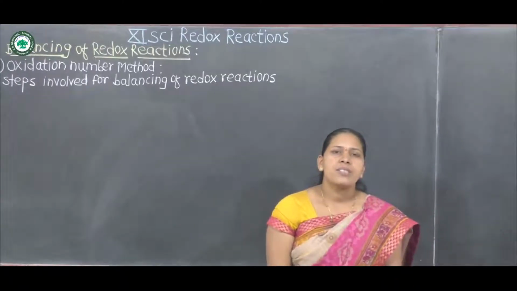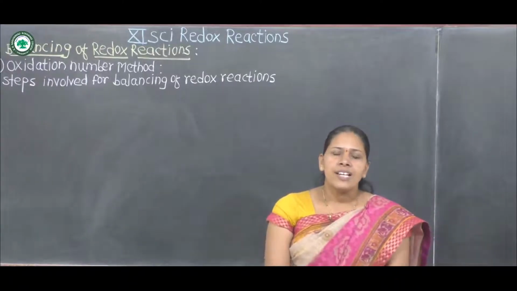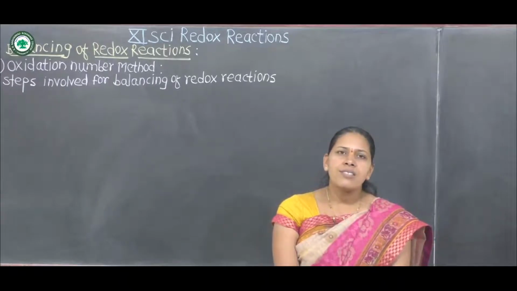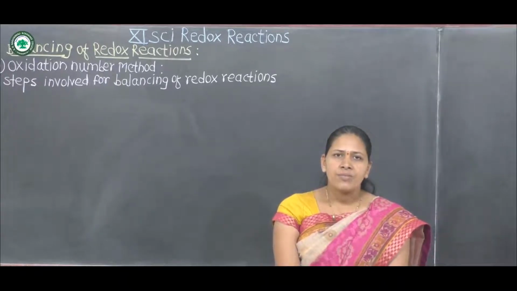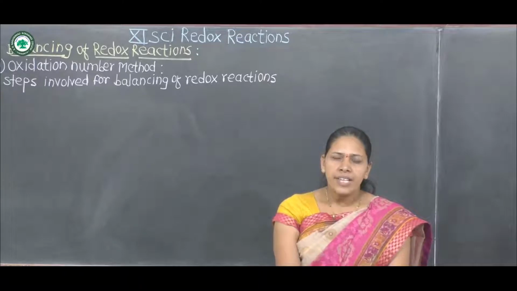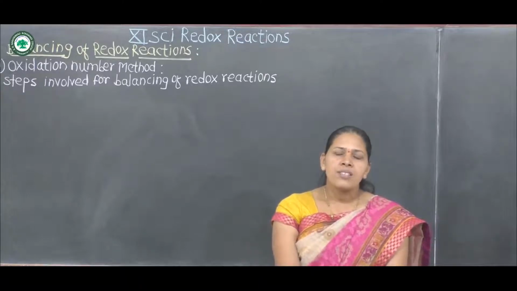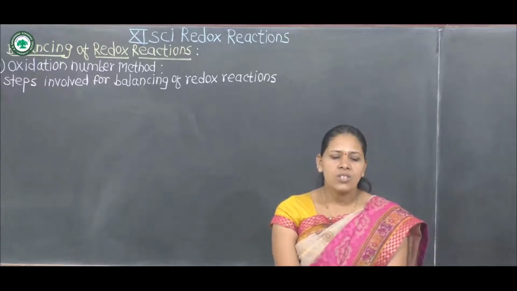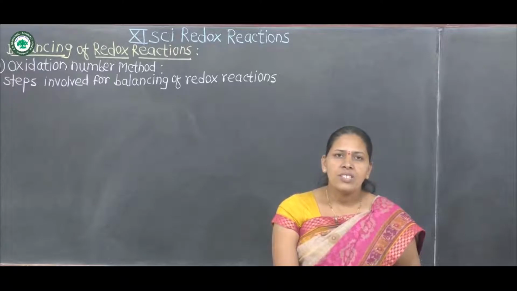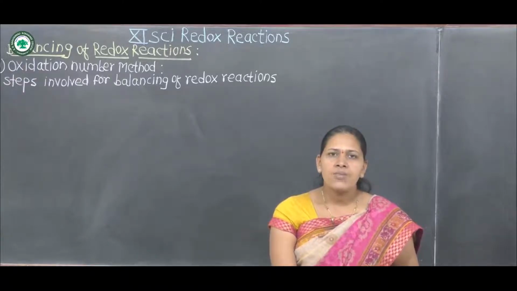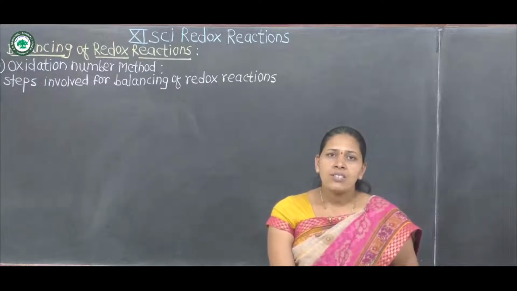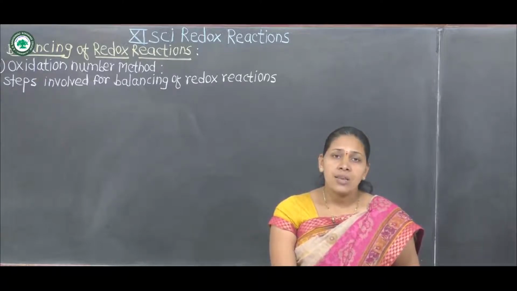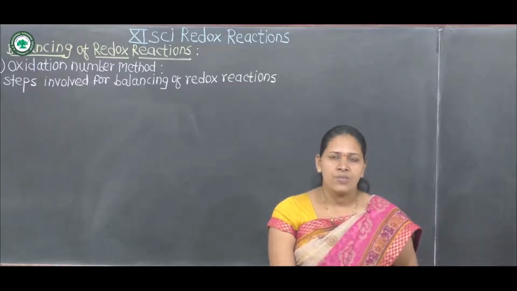First step is write the unbalanced equation, then balance all atoms except hydrogen and oxygen.